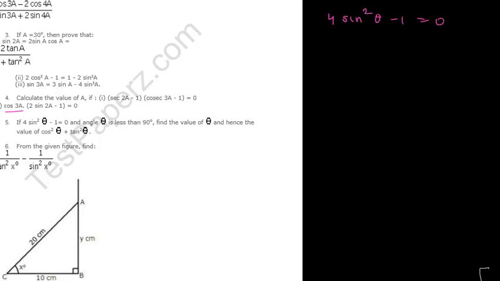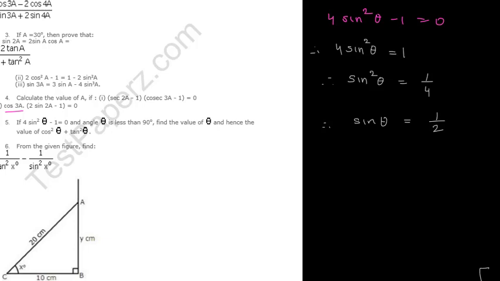Okay, so therefore I will say that 4 sin square theta is 1, therefore sin square theta is 1 upon 4, therefore sin theta is 1 upon 2. I will take the square root.